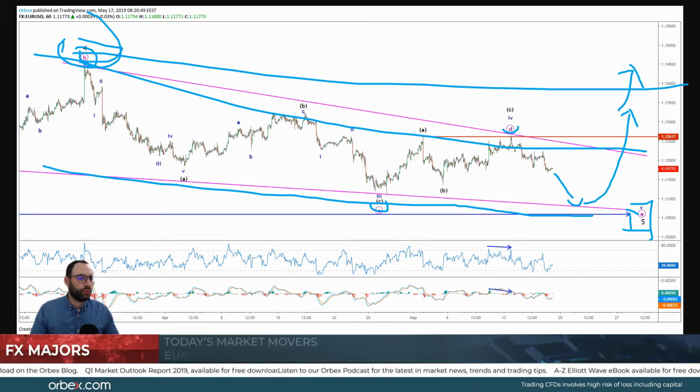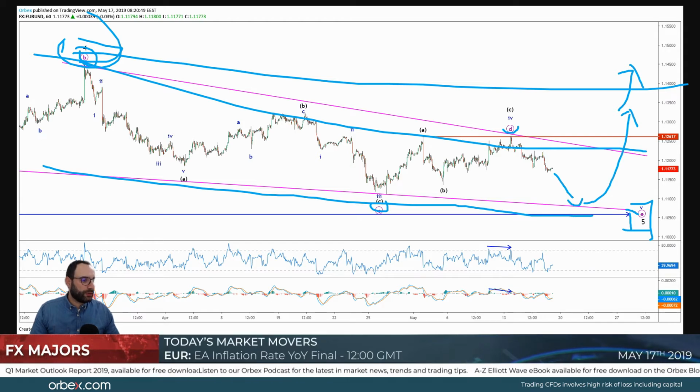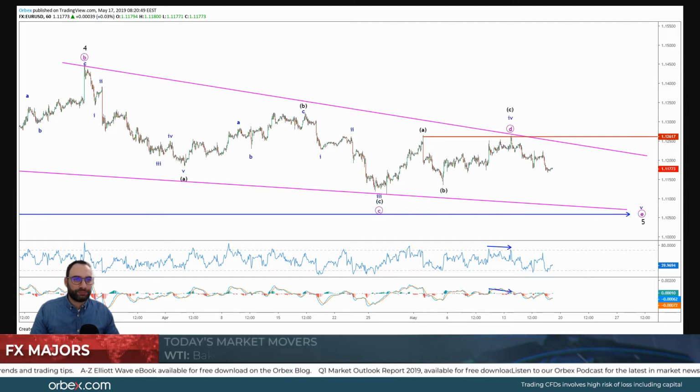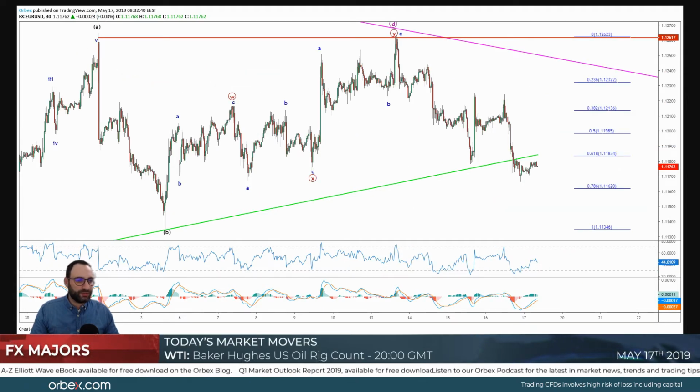Now on the 1 hour, we do get some signals that have helped us go down a little bit, closer to below the 1.12 level. And if we check what's happened on the 30 minutes, we'll have a clearer picture.